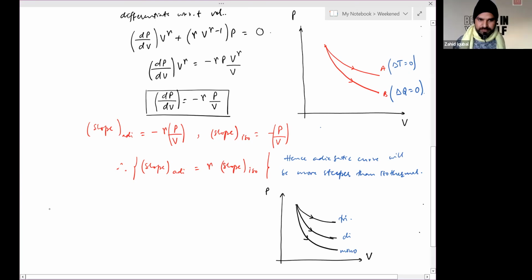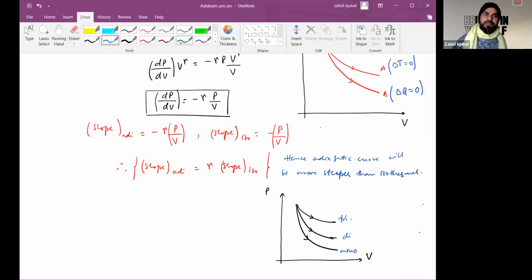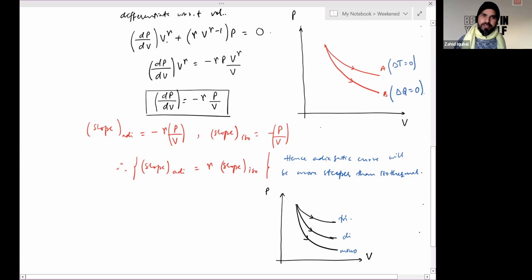And next, how to analyze which of the processes will be isothermal or adiabatic, since both are inversely proportional to one another. There is a term called quasi-static process, a process which is carried out very slowly.